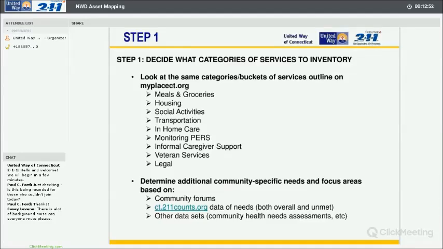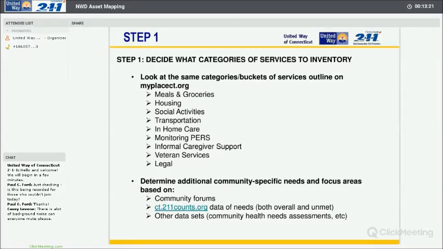The taxonomy system we use is a national one that all accredited 211s have to use, and so it's not always common language. It's not always intuitive. So I went through that and picked out the handful of taxonomy terms that I felt were most relevant to each of those categories. That's where we decided to start in terms of pulling services to inventory.